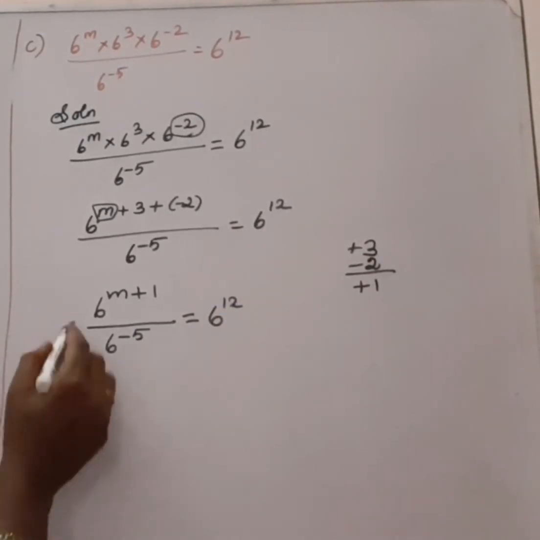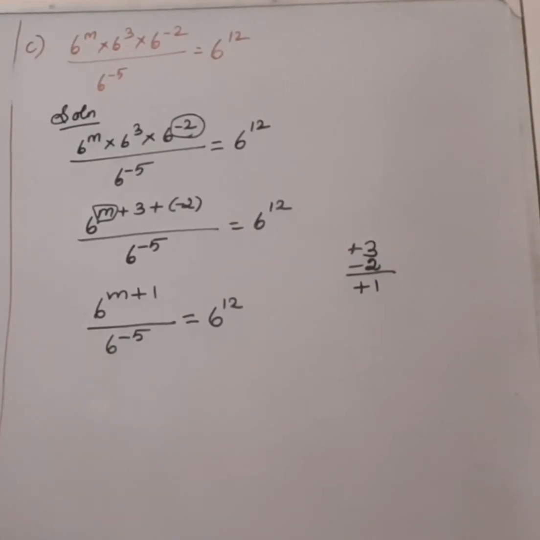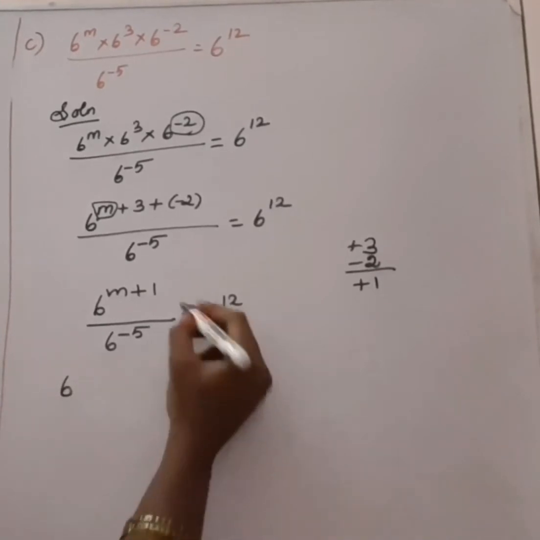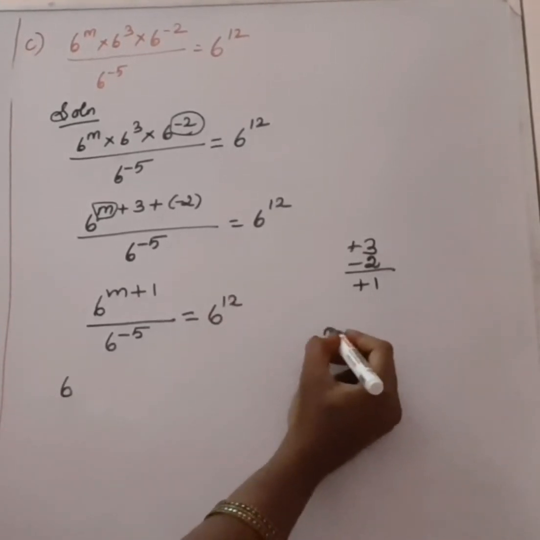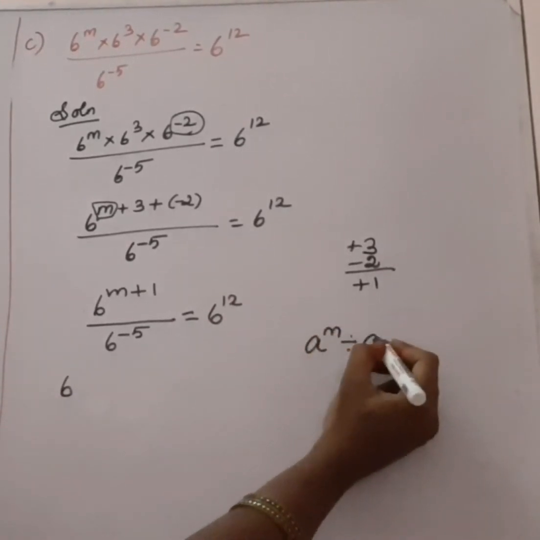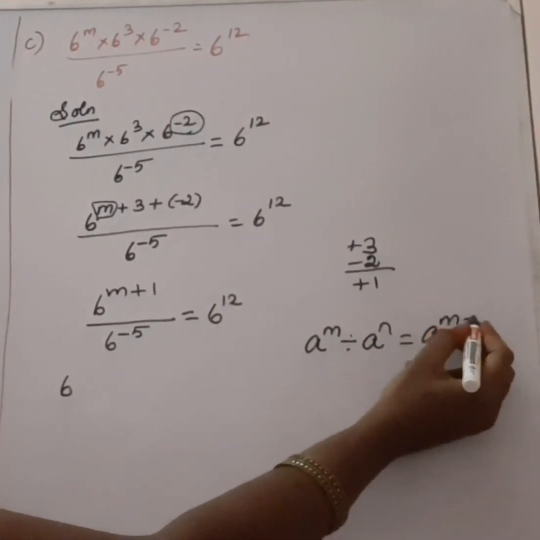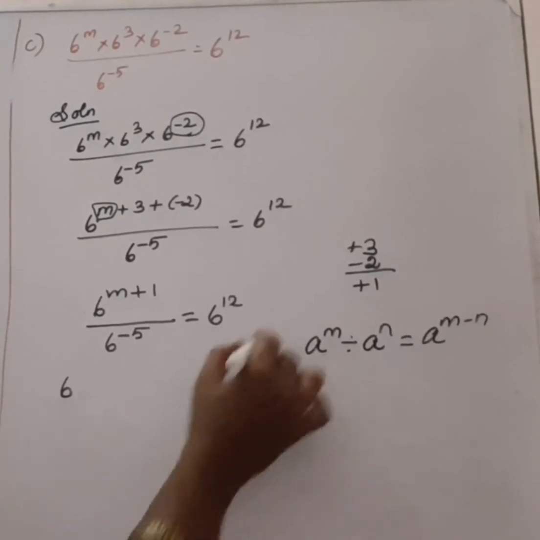Now, here both the things are in division. If we have a division in the powers and exponents, what is the formula to solve that one? We want to subtract both the powers. So, a power m divided by a power n equal to a power m minus n.